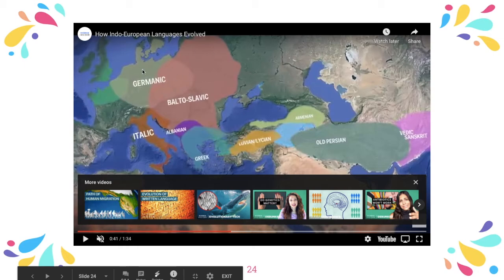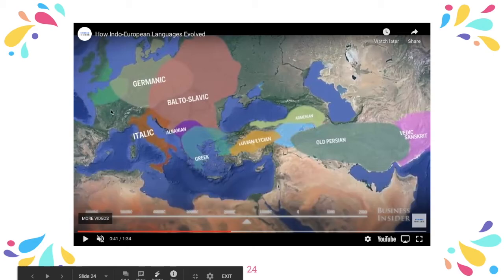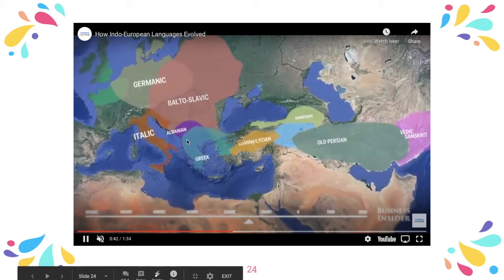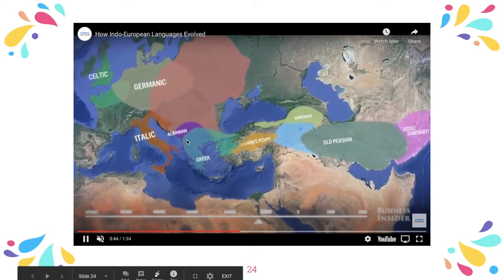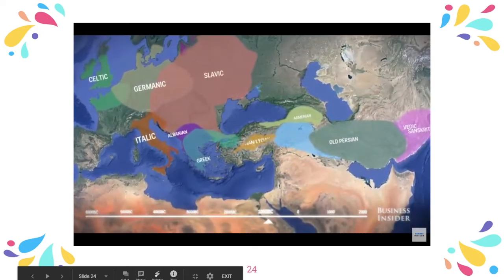Germanic actually ends up becoming not just German, as you could probably guess, but also English. And Italic ends up becoming all of the Romance languages, things like Italian, French, Spanish, Portuguese. So take a look at how these different branches end up evolving into multiple languages.